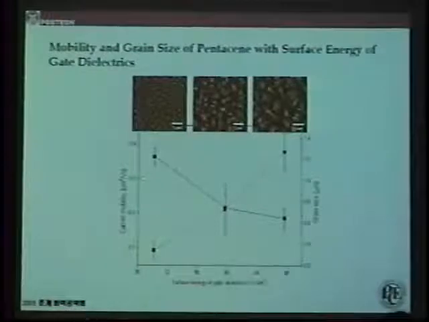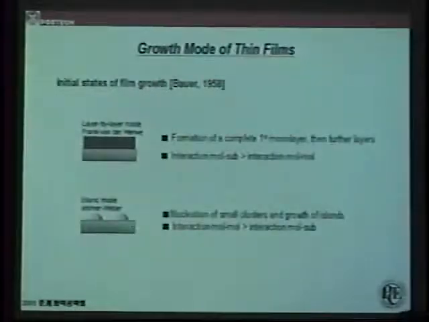Actually, this value is very dependent on the purity of the pentacene. Usually we obtain more than one, but in this case we do not have pure pentacene, so it's a little lower. Next.